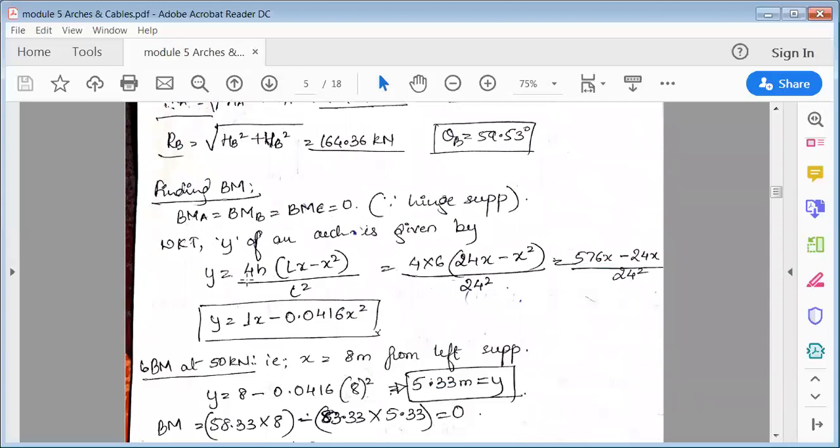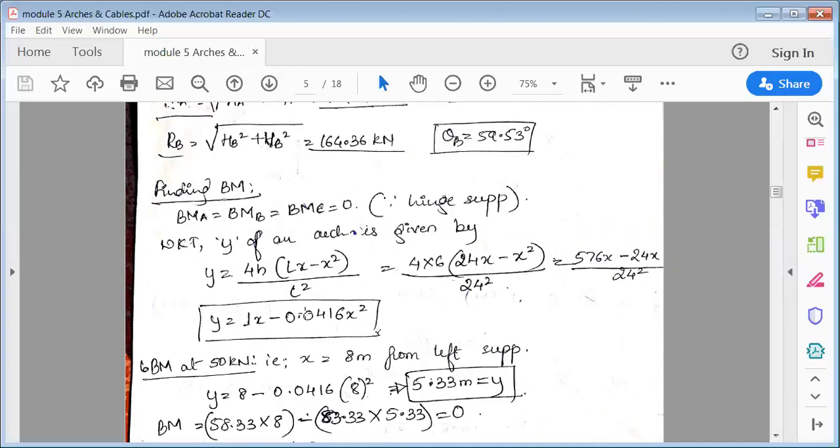Now we already have the equation of a parabolic arch. The equation of a parabolic arch is y is equal to 4h into (Lx minus x square) divided by L square.